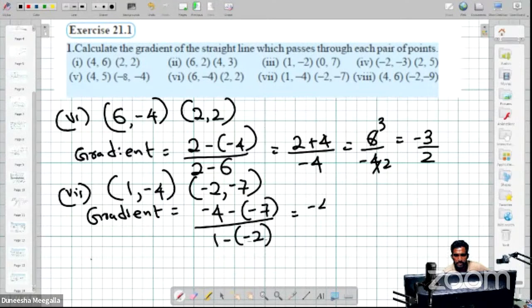What is minus 4 plus 7? 1 plus 2. 3 divided by 3. It's 1. Okay, 7th one. Next one is 8th one.